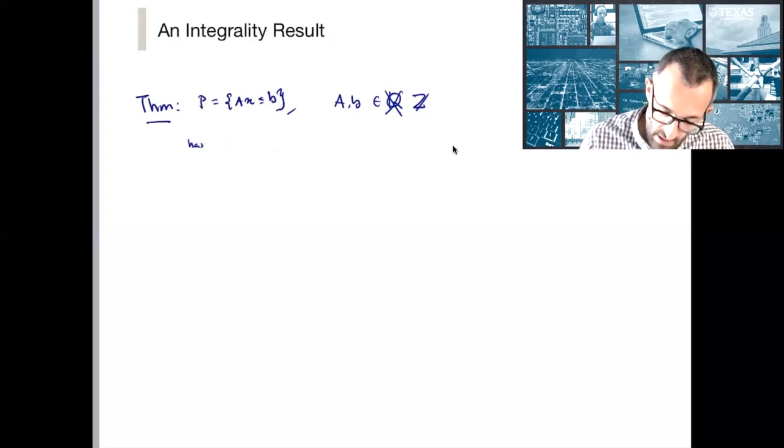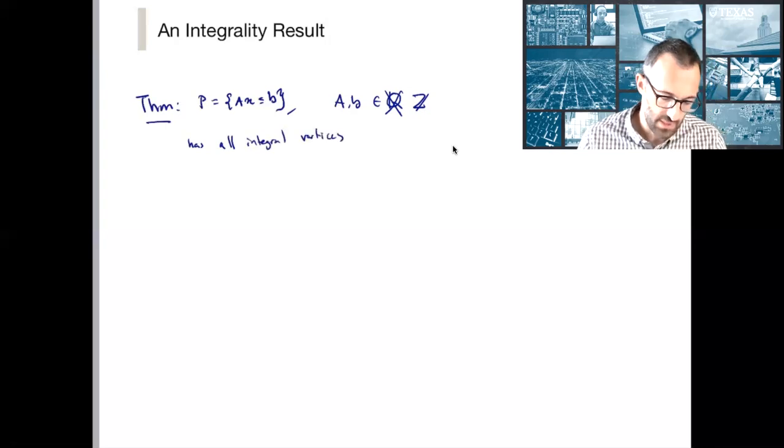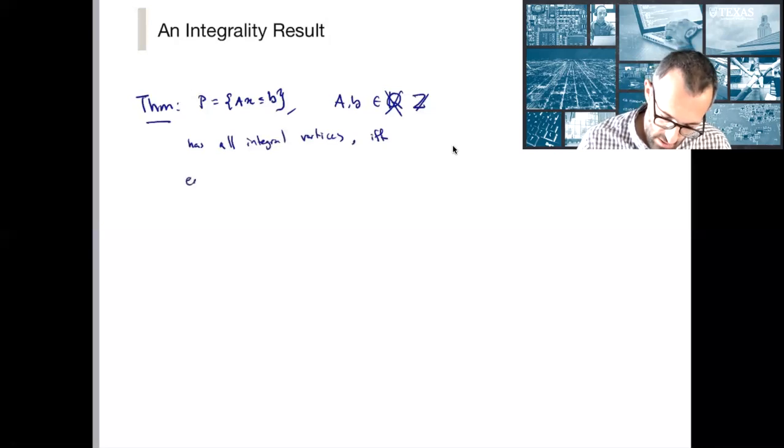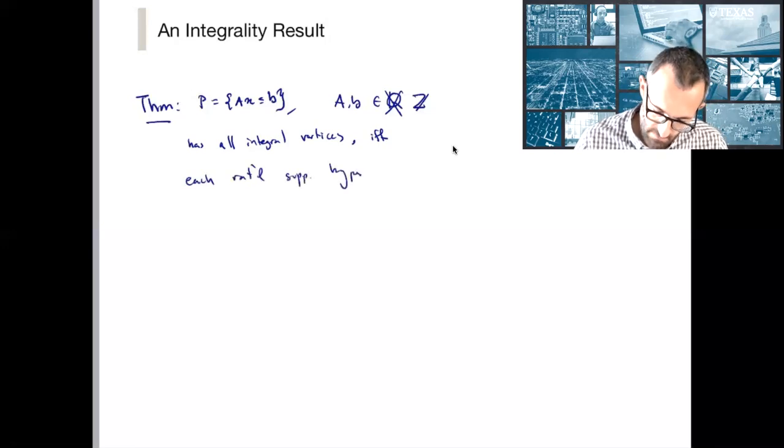And I should specify, when I say has integral vertices, I mean has all integral, or only integral vertices, if and only if each rational supporting hyperplane contains some integral vector.